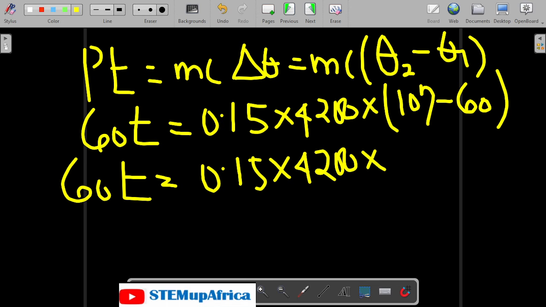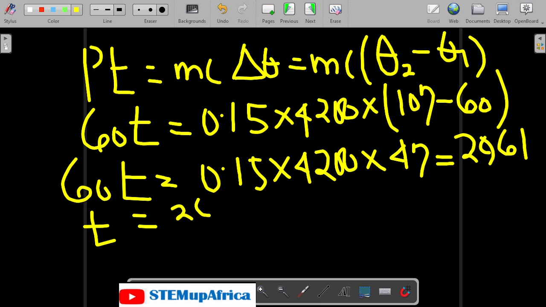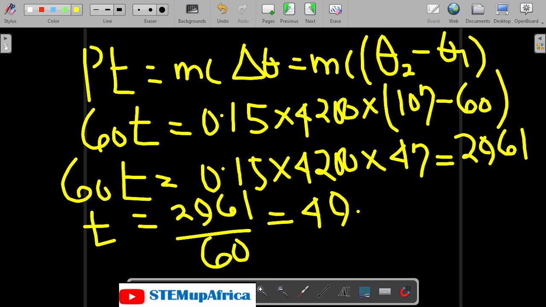That will give us 47. So I multiply 47 times 4200 times 0.15. That will give us 2961. So my T is 2961 divided by 60, which will give us 49.35 seconds.